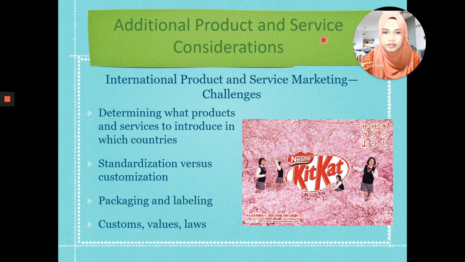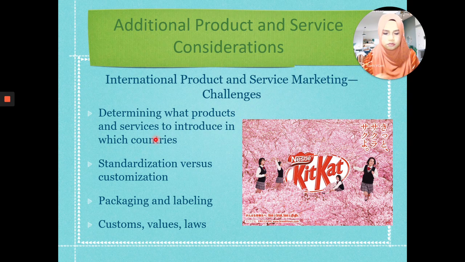Now, there is an additional product and service consideration when you do business, especially in the international market. There are a lot of challenges that you need to think about and consider when you export your product internationally. For example, determining what products or services to introduce in which country.